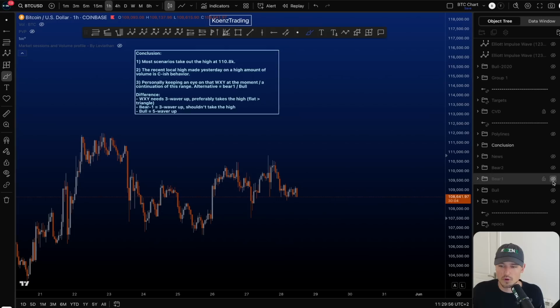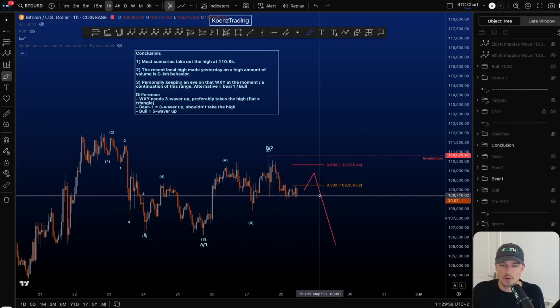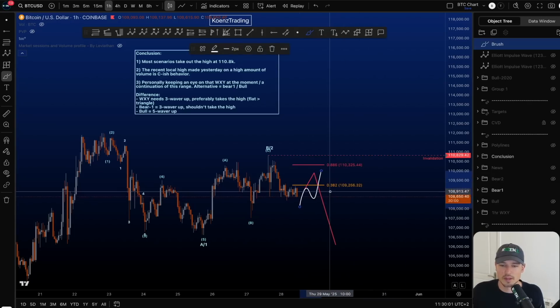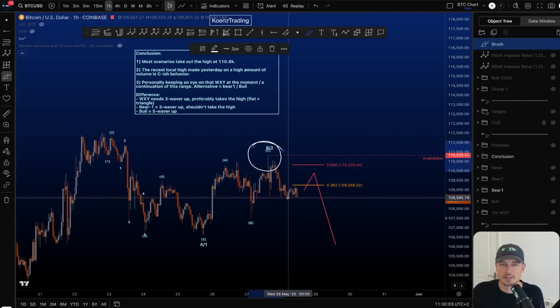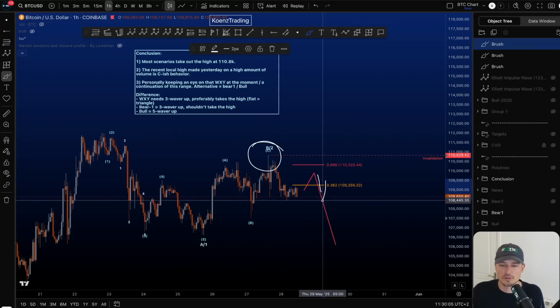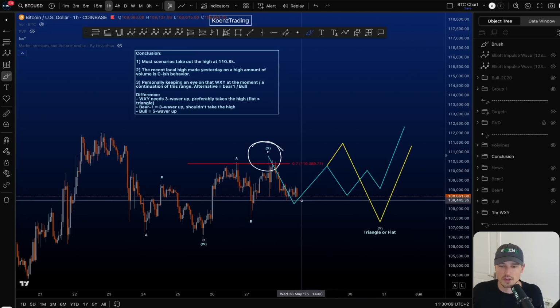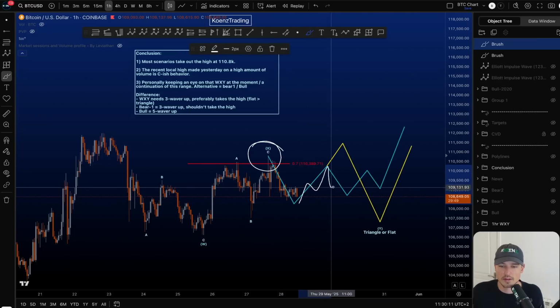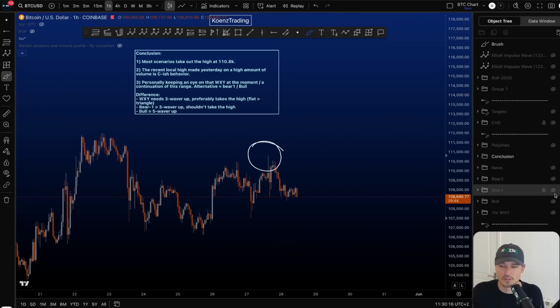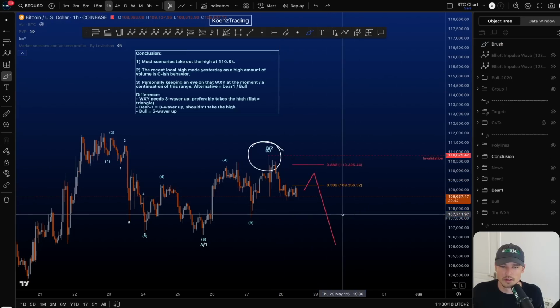In the bear 1 scenario, which is this one here, you also want a 3-wave structure to the upside, but you don't want to take out that high. And then you want to impulse to the downside. That's a difference with the triangle. Triangle is a 3-wave up and a 3-wave down, and then you go back up again, right? Important difference with the bear 1 scenario, right?